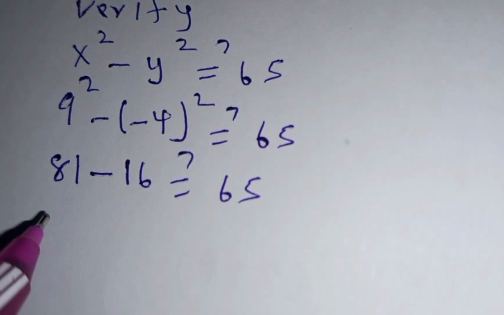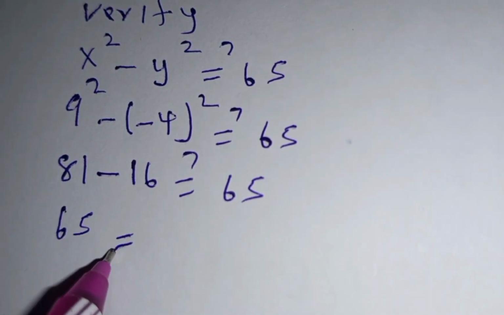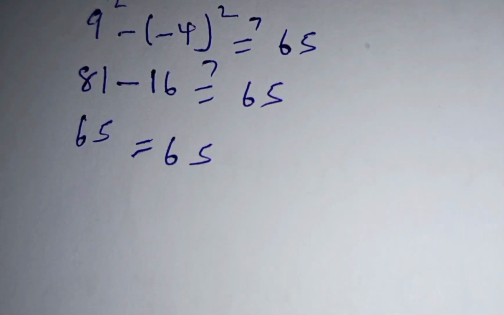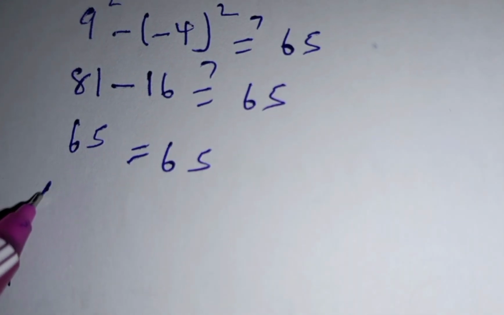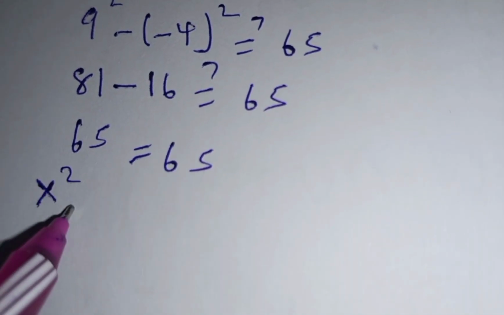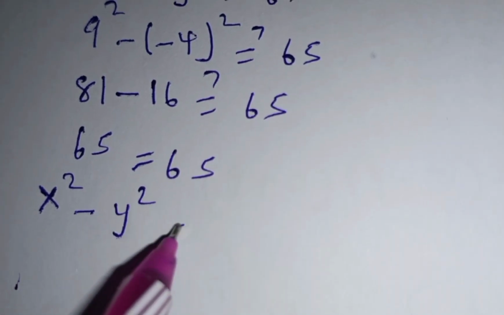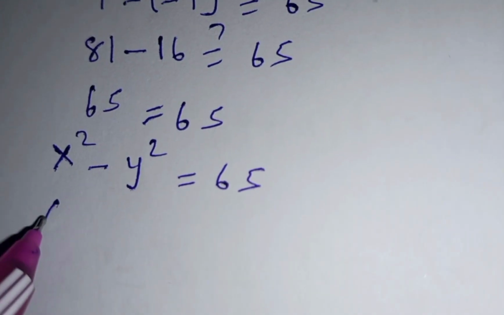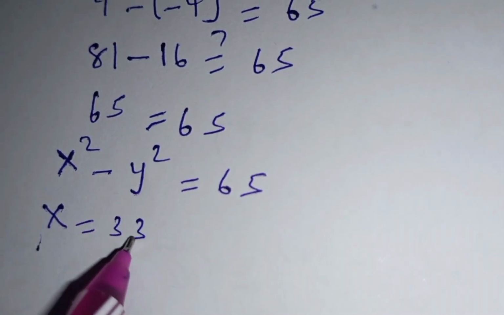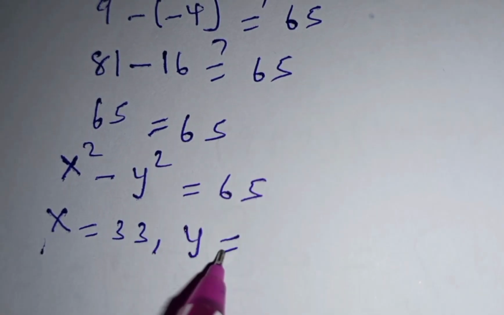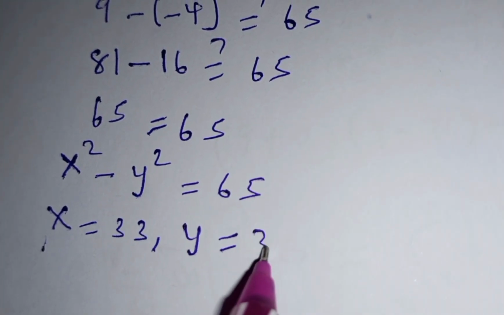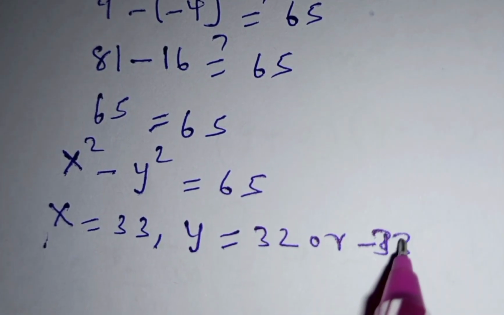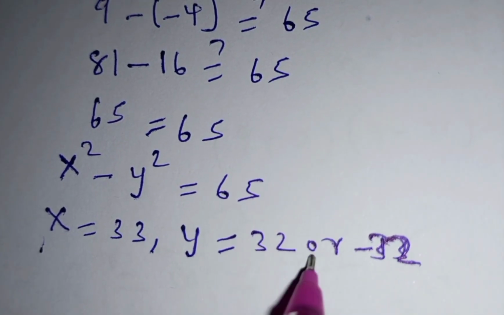81 minus 16 is 65 being equal to 65. So the left hand side is equal to the right hand side, and from the given equation, x squared minus y squared is equal to 65, we have two possible solutions. Number one, x is equal to 33 when y is equal to 32 or negative 32, because when you square a negative number, it becomes positive.